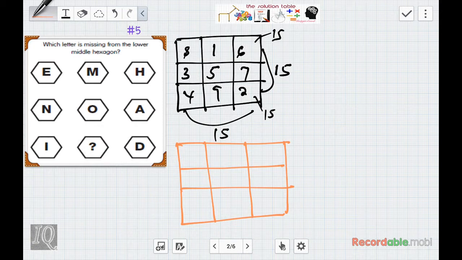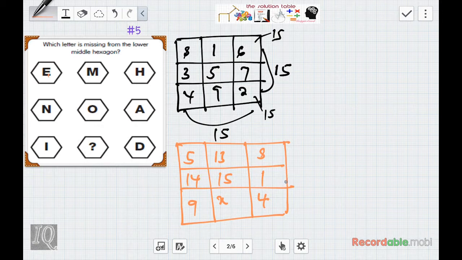We have E as 5, M as 13, H as 8, N as 14, O as 15, A as 1, I as 9, then our question mark will be an X as usual, then D will be a 4. So converting the letters to their numerical values, this is what we have, and that will help us find the unknown number X.